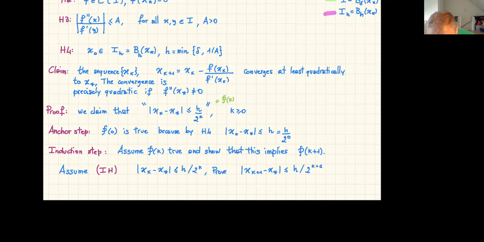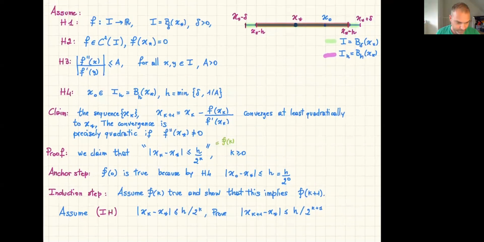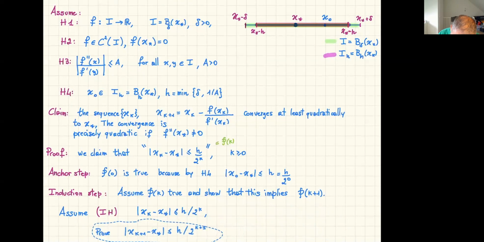Now, the reason why I spell out these things so pedantically is because I want to get a sense for both a new hypothesis that I'm making in this part of the proof and where I want to get. So in particular, from here, this is a good starting point for me to try and do something with xk plus 1 minus x star. And that's what I will start doing now.